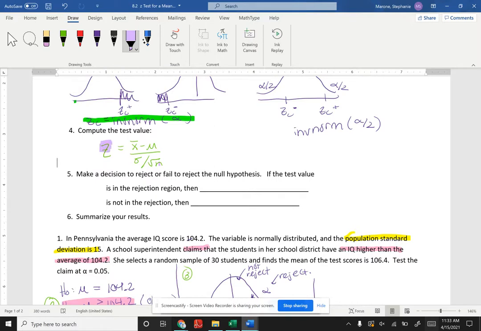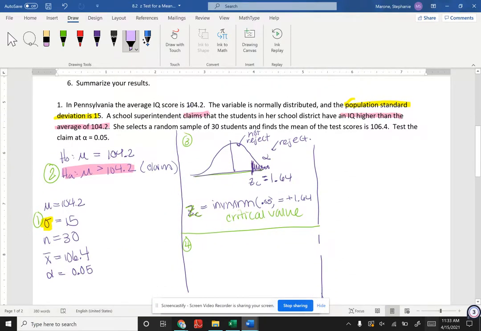That formula should seem very familiar to you because we used it a lot.